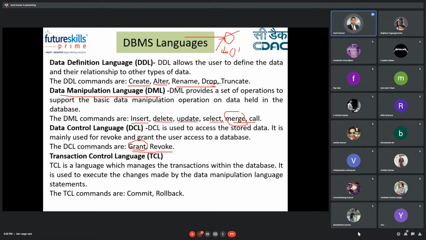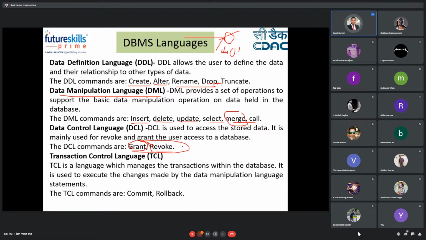The bank will give you permission to change your database, and this permission is given through the grant command. Revoke is also a data control language command, used to revoke the facilities that a user can use.